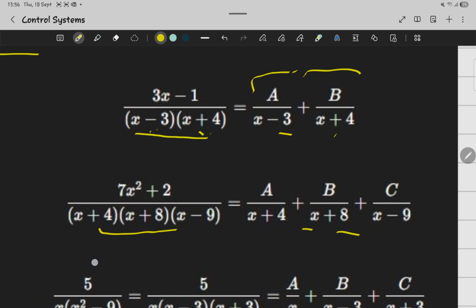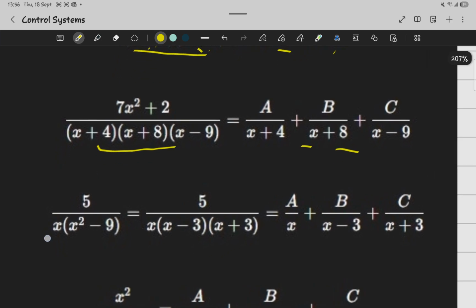And if you have a denominator like this, you can write it in this form. You just need to decompose the term inside, to factorize, and then you're going to get this form here.